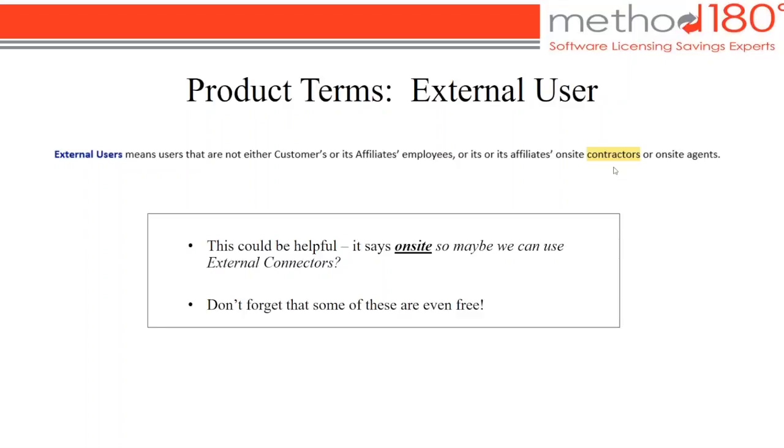The unfortunate thing about that answer being maybe is that we would have had to exempt them from that qualified user definition inside of our enterprise agreement right from the get-go, which says if they're using a qualified device or we're giving them access to one of those enterprise products, Office, Windows, or the CALs. That's where it becomes maybe, okay? And that's unfortunate because some of these things are free. The external connectors are actually included in certain server licenses like SharePoint and Exchange.